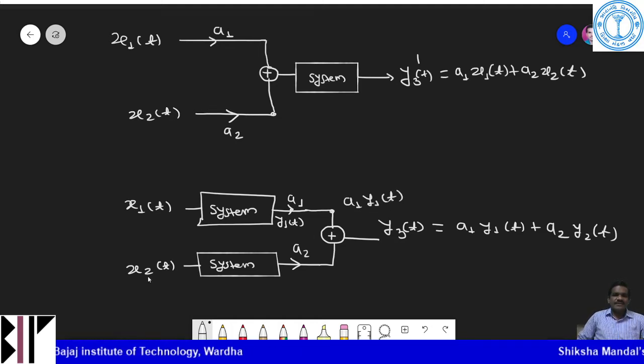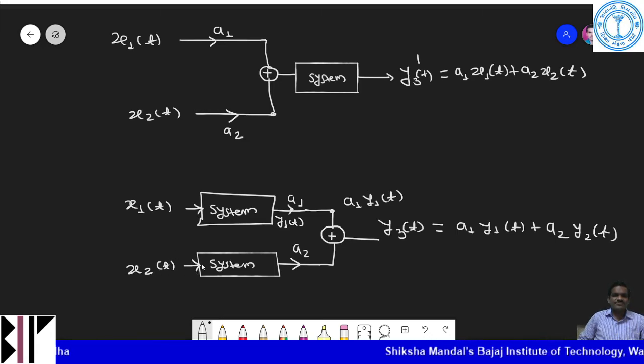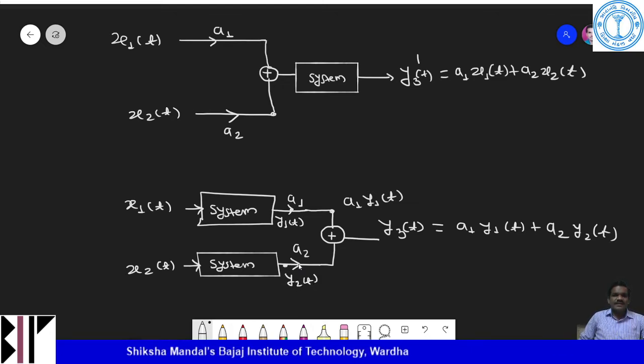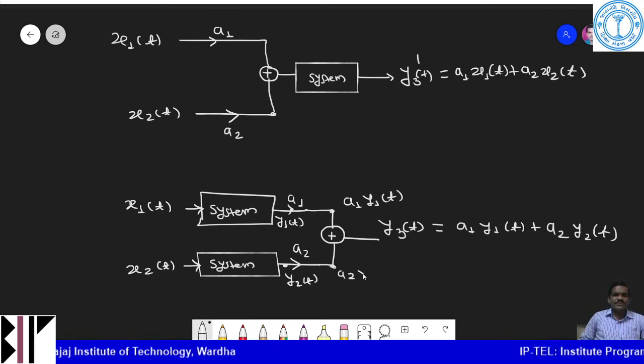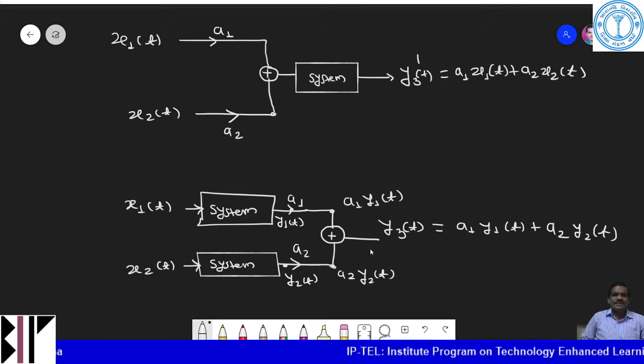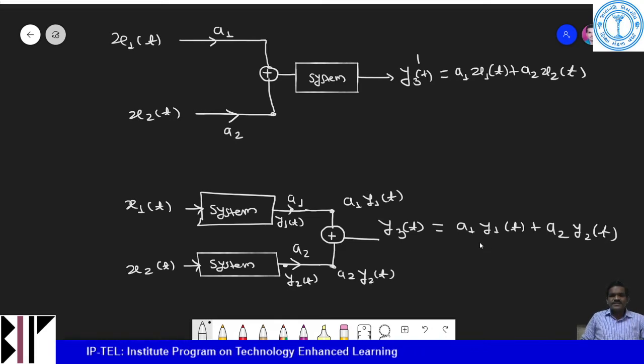When x2 of t is passed to the system, at this point the signal is y2 of t, and then it is multiplied by a2, so at this point it is a2 y2 of t. When we add these two signals, we get y3 of t, which is equal to a1 y1 of t plus a2 y2 of t. So this is the homogeneity principle.